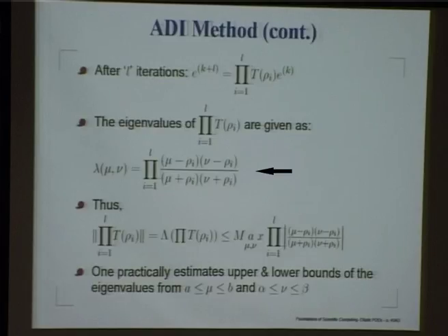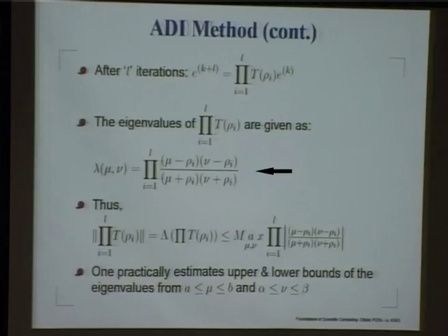Okay. How do you choose it? We will come to that, but there it shows that we have added a degree of freedom in choosing that acceleration parameter rho I, such that the error after the Lth iteration is determined by the eigenvalue of this product matrix of T. So, I would have T of rho 1, T of rho 2, so on and so forth up to T of L. That is what this product operation is signifying.